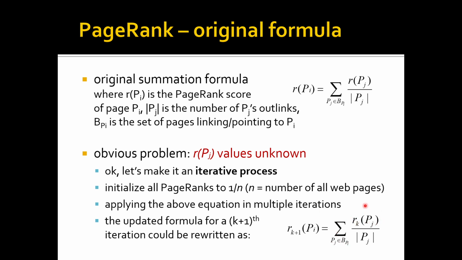To do it very simply, we can say the PageRank of all pages in the web will be set to 1 divided by n, which is the number of all web pages, and we can then compute the PageRank. So this is how to really compute the PageRank, but we don't know if this is okay because we initialize the PageRanks, and there are many questions connected with this.